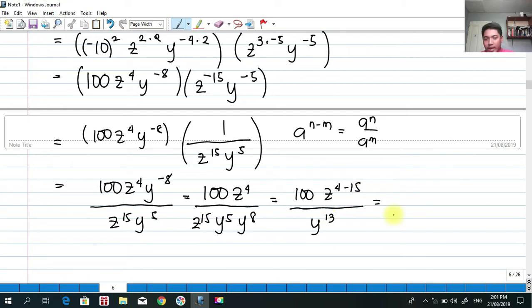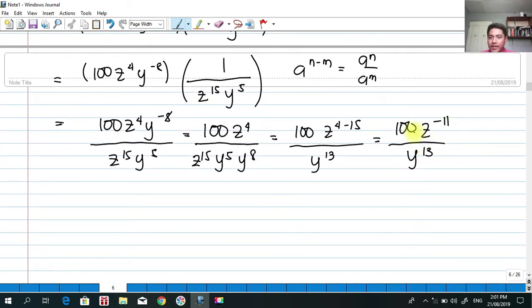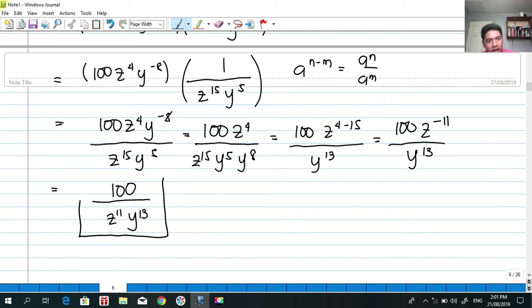Simplifying, we have now 100 z raised to negative 11 over y 13. The negative sign here is very easy to remove by getting the reciprocal of this. So what will happen is 100 over z11 y raised to 13. So this should be our answer for this example.